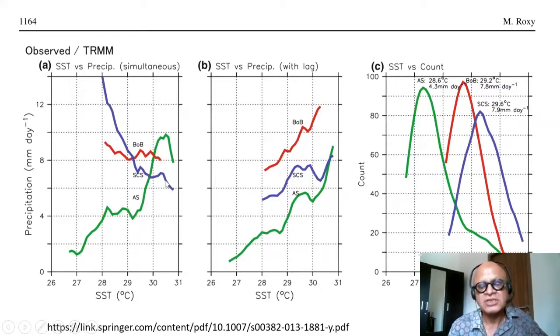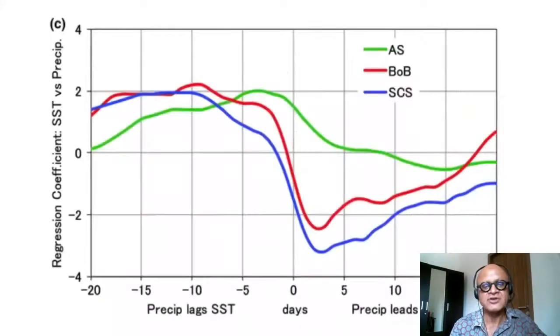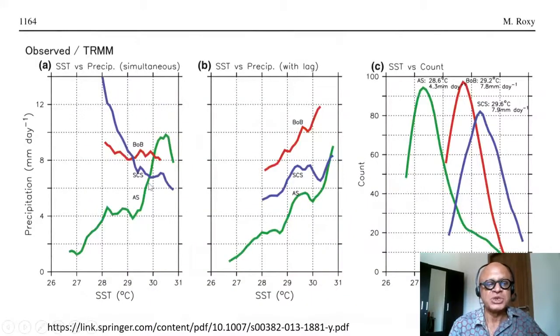But Roxy Matthew Cole argues that there is a lead-lag relation between precipitation and sea surface temperatures. So you can see that the regression coefficient of SST versus precipitation changes sign with a lead-lag of a few days around this precipitation threshold that you can pick based on the region.